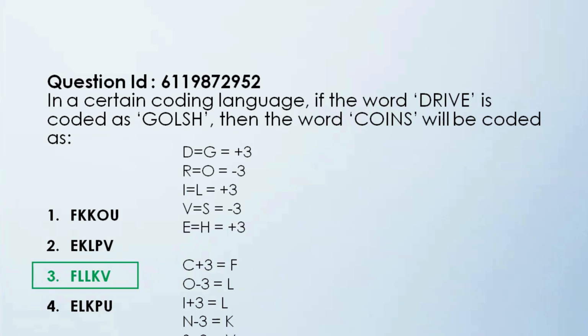And even in that logic, if D is G, then C could be one letter before G, which is F. In that way, you would eliminate option 2 because it starts with E and be very confident with option 3. So you could try direct substitution also, but the actual logic here is the plus 3 minus 3 substitution.